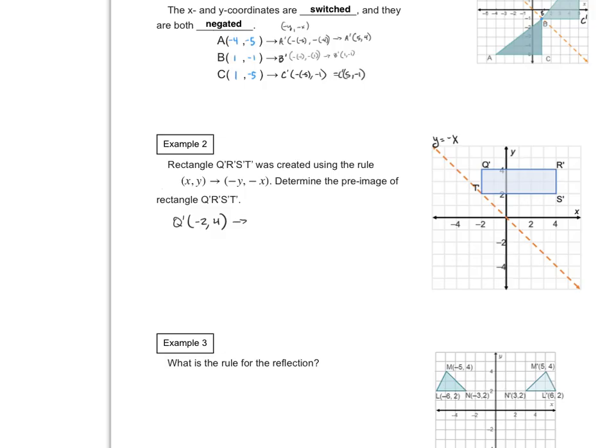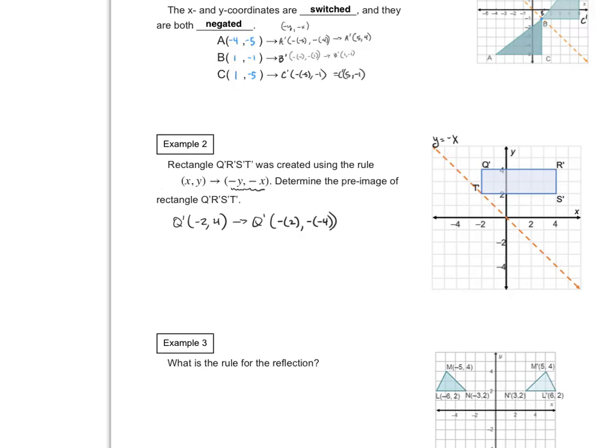Q prime, looking at this, would be -2, switching, -4.